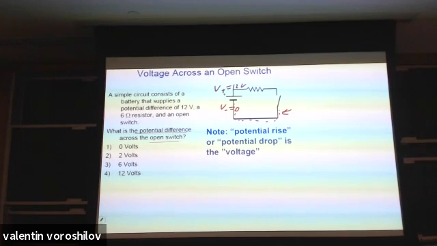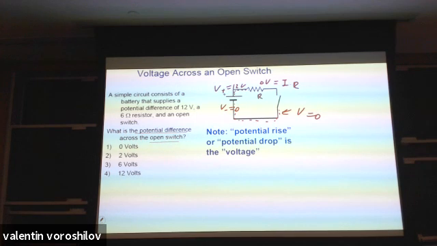This potential is 0. And here we'll have 12, 12, 12. Now this delta V is equal to electric current times resistance. But there is no current. This switch is open. That means delta V is equal to 0.